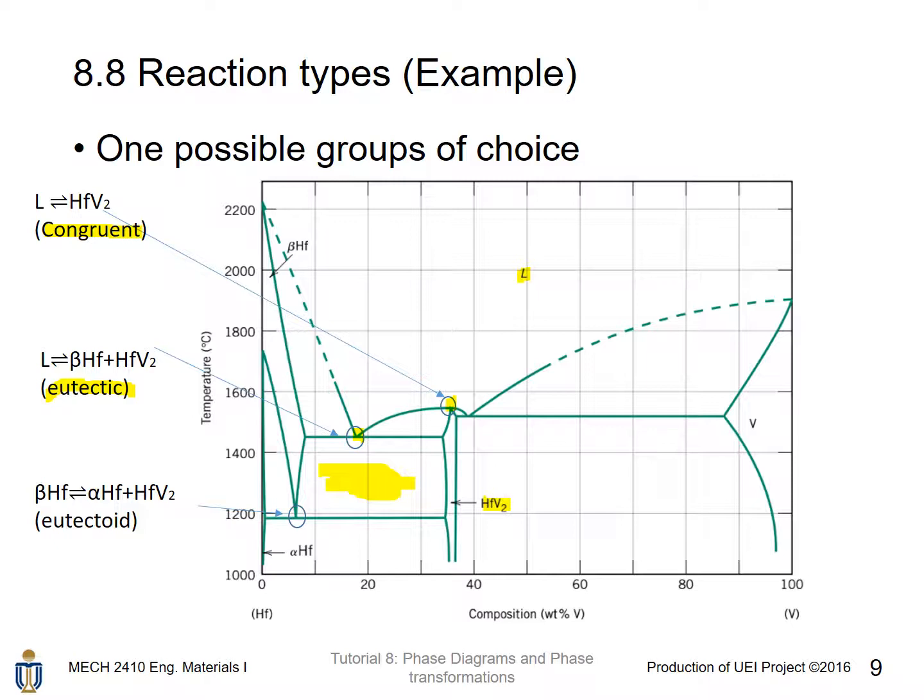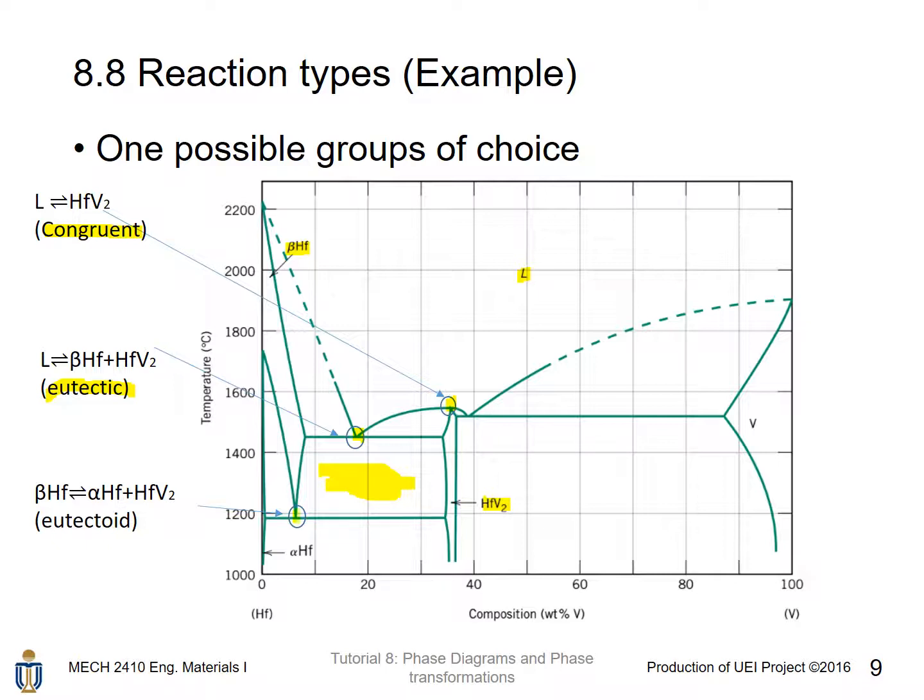It is because just at the left of this region it is the beta hafnium solid state, and just at the right of this region it is the hafnium vanadium 2 solid phase. That means here it must be a mixture of beta hafnium and hafnium vanadium 2, which matches the definition of the eutectic transformation.